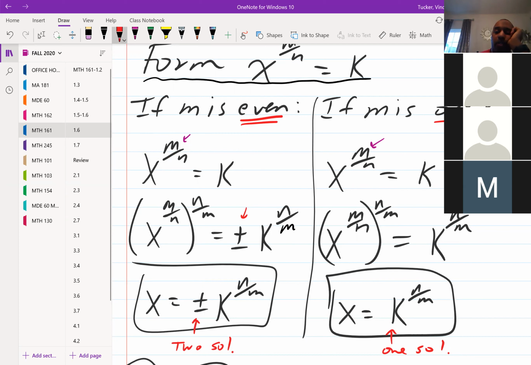But if it's odd, you only have one solution. And of course, we'll go through a couple examples. Want to just make sure you have a chance to write down the process.